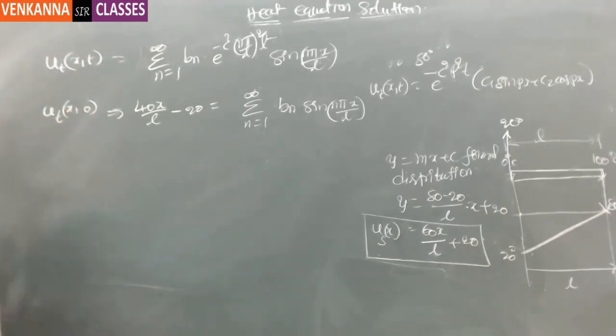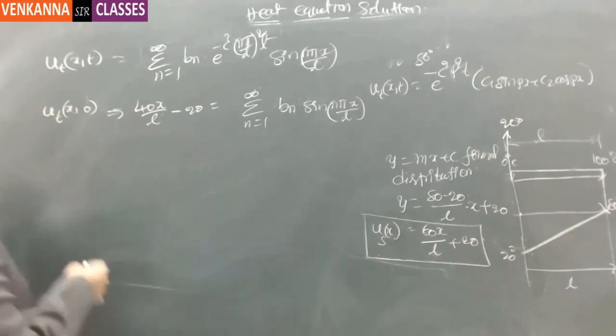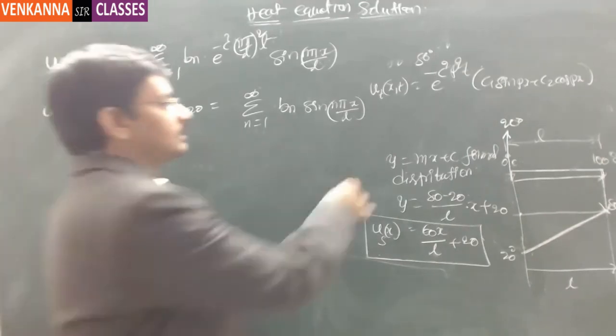Let us see this: this is 40x by L minus 20. Now for this, it is again a Fourier half range series.